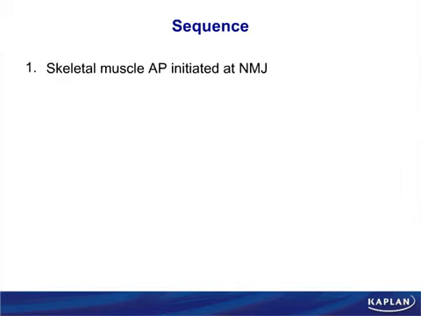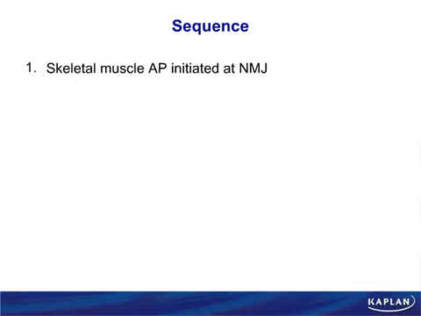All right, so let's recap what we just stated, and we'll just put it in a text format. The skeletal muscle action potential gets initiated at the neuromuscular junction. Hopefully you remember the neurotransmitter that's released. If you said acetylcholine, very good. Do you recall the receptor it binds to?